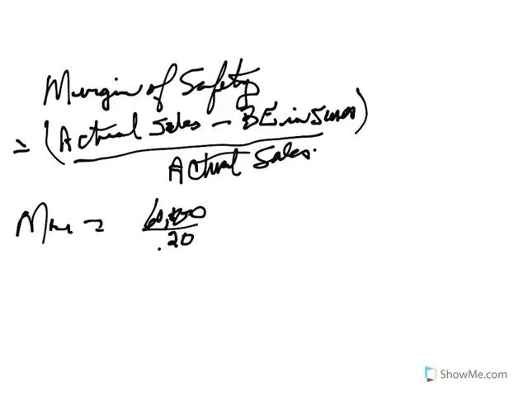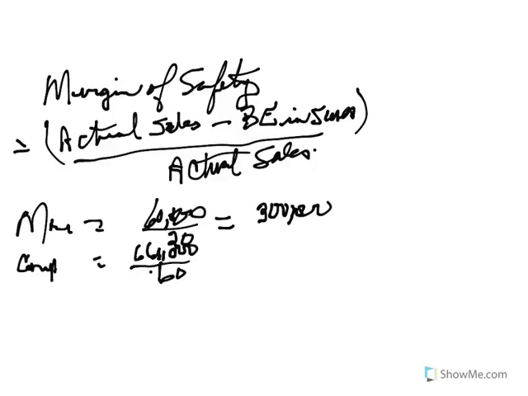And therefore, the break-even would be 300,000 in sales for the manual. For the computerized, it would be the fixed cost of 660. The variable cost ratio was 0.4, as it was in the other slide, so the contribution margin ratio would be 0.6 or 60%. And you would get a break-even of 1,100,000, a higher break-even.